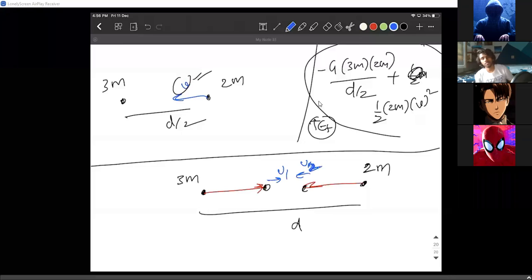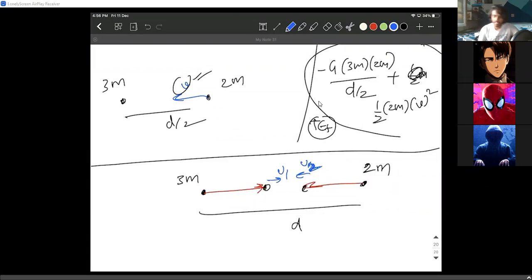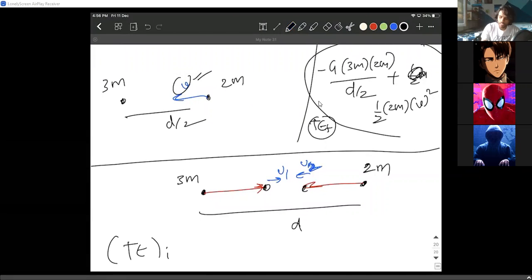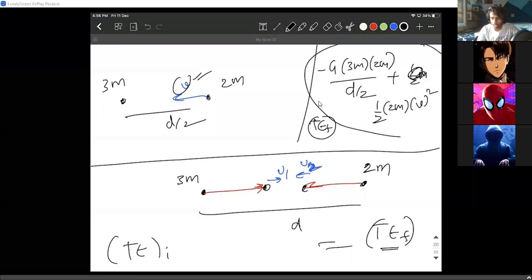Maybe we can solve it like one mass is not moving and relatively the other mass is moving with this velocity. I'm asking you to relate v1 and v2. Yeah, you can definitely write initial total energy equals total final energy, but those equations are not enough because you have two variables here. It's a simple thing.